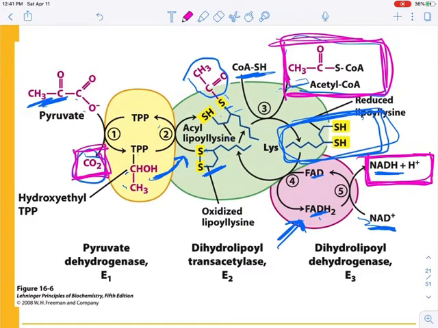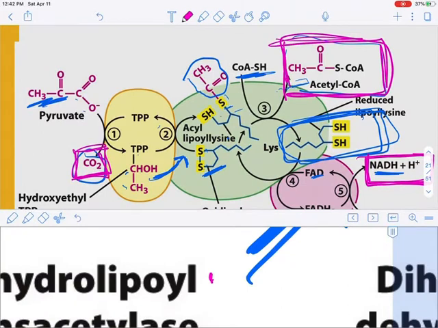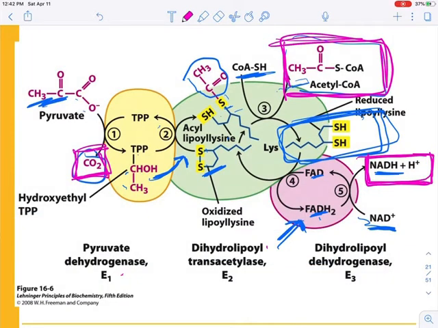Oh, if you look at the enzymes, pyruvate dehydrogenase, dihydrolipoyl transacetylase, dihydrolipoyl dehydrogenase, you can look at the enzyme name and know what's going on. We're dehydrogenating this pyruvate and removing the carbon dioxide from it.